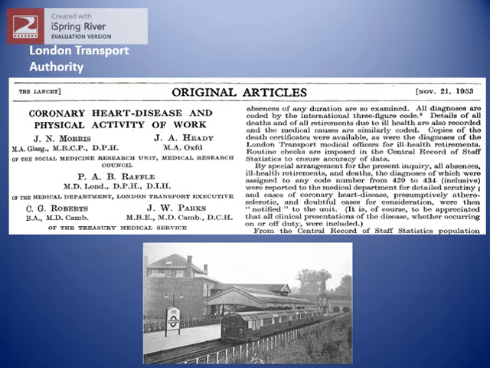Individuals who worked for the London Transport Authority as either drivers, where they sat a lot, or conductors, where they did a lot of standing and walking, were followed up over time to see, do they develop heart disease, do they have heart attacks, do they die of those cardiovascular problems. So that's a classic example of a cohort study. Measure some exposure, which in this case was their occupation, and then follow them to watch for different outcomes.